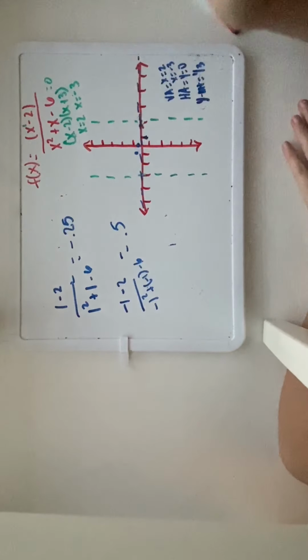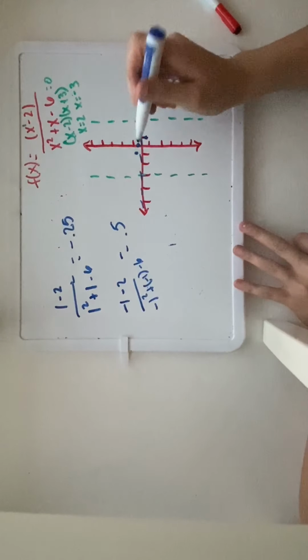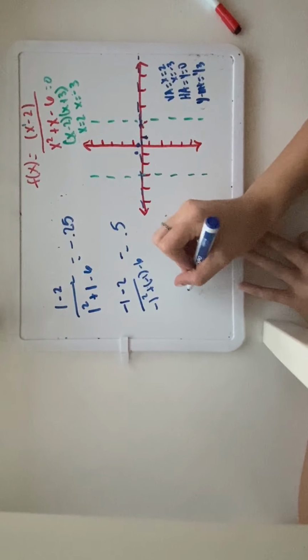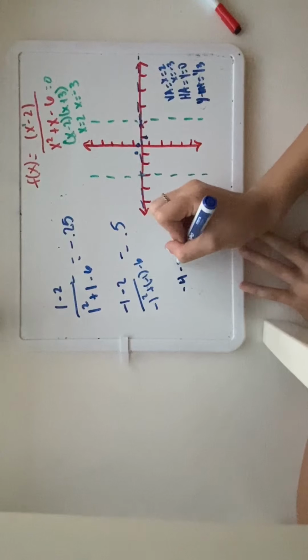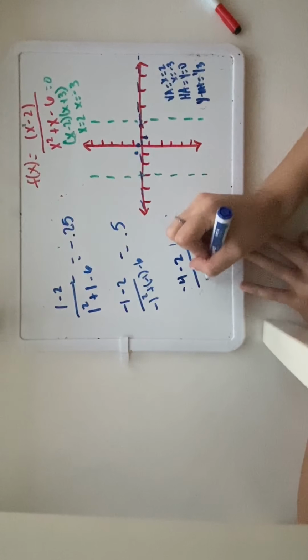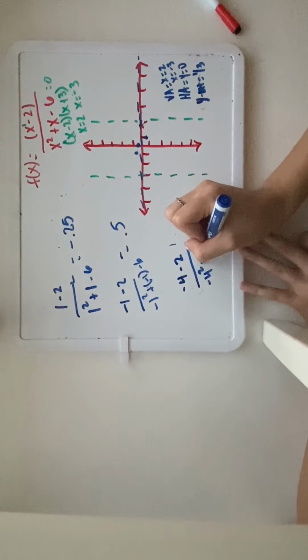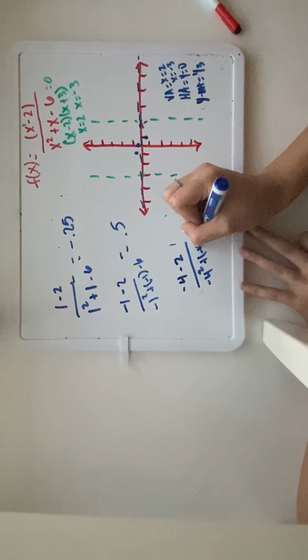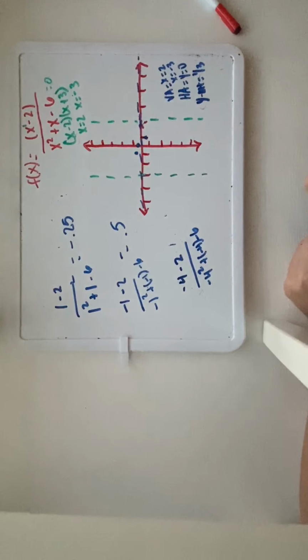So now let's do some on the outside. Let's do -4. So we'll do -4 minus 2 over -4 squared plus -4 minus 6.